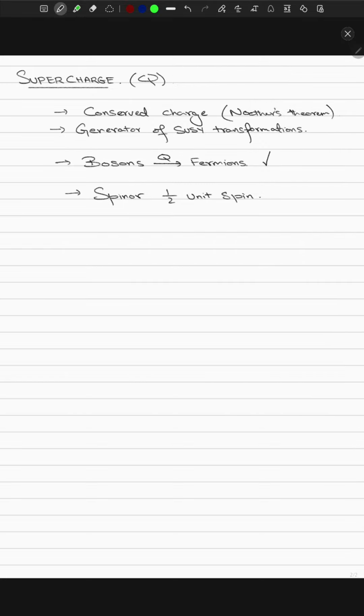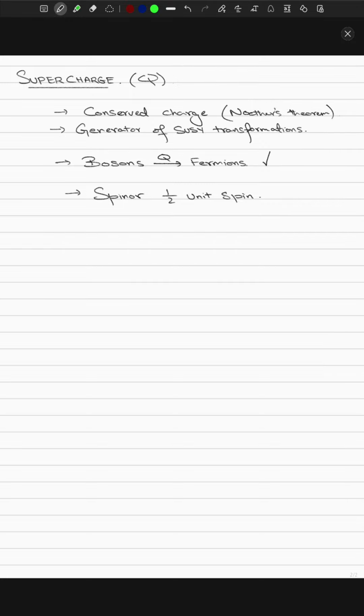Okay, so if you go into more detail of supercharges, they're also called Grassmann variables, and mathematically speaking, they are the generators of the exterior algebra of anti-commuting numbers, right? And these numbers are the Grassmann numbers.